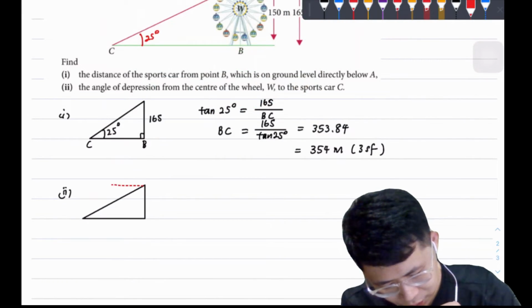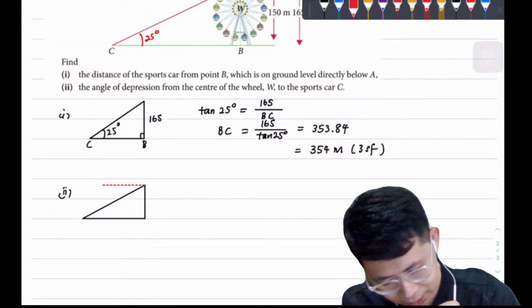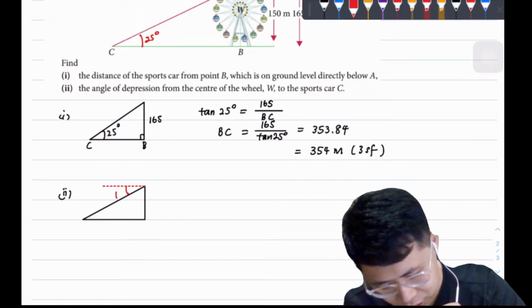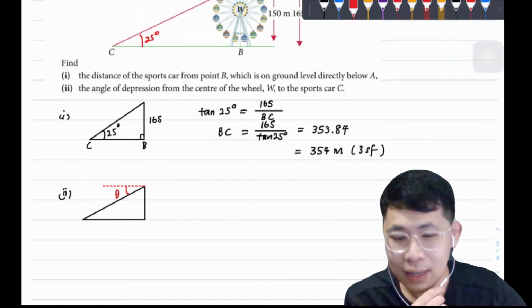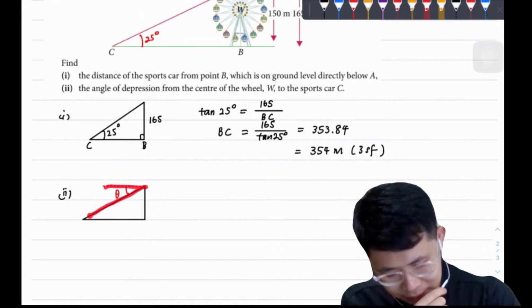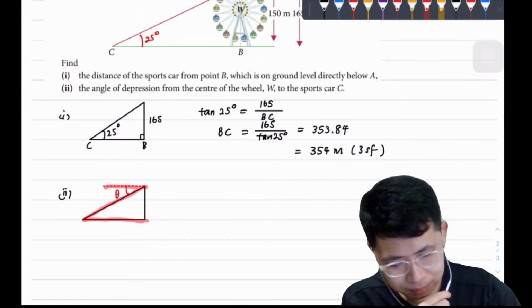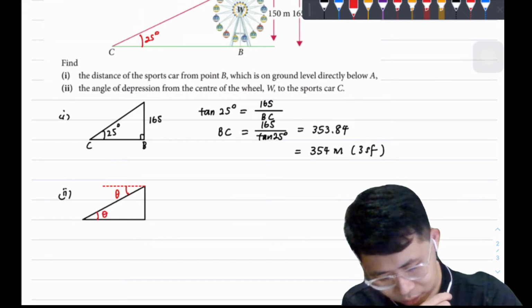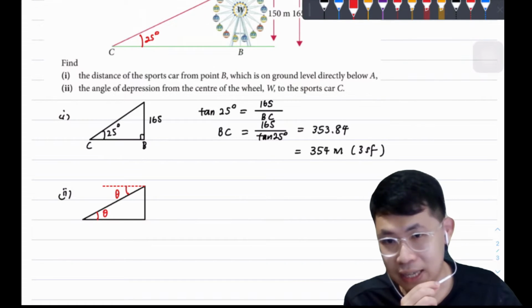The angle of depression will always be from the top, looking down, and I'm looking for this angle of depression theta. Because this is an alternate angle, I'm going to put my angle over here as well.